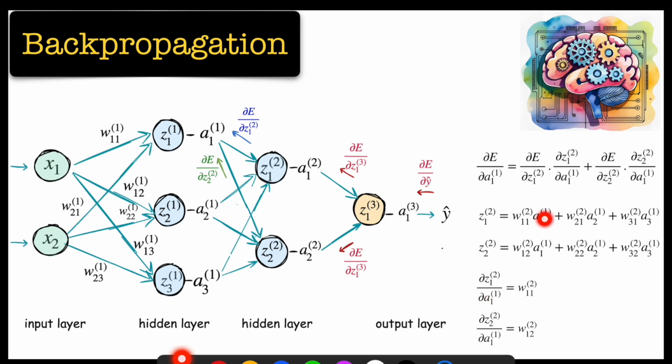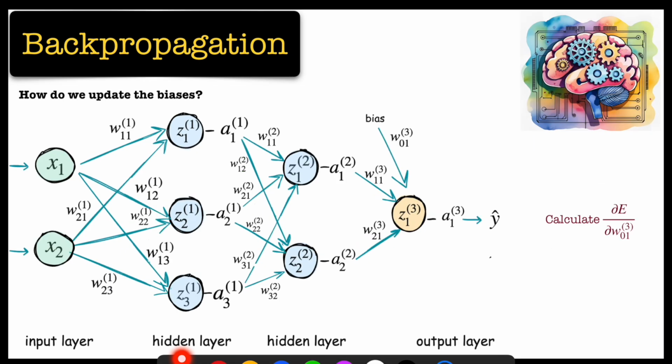A11 is only here, so it will be W112. Similarly, del Z22 del A11: A11 is here, so it will be W1122. So we got all the values and we can calculate del E del A11. My point here was that because A11 is contributing in both the paths, while calculating the gradients of A11 we have to consider both the paths and then take the summation.